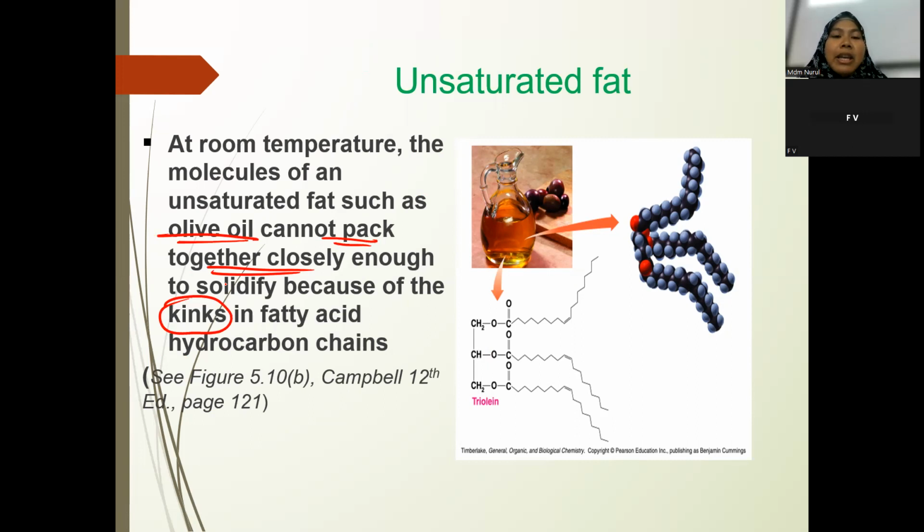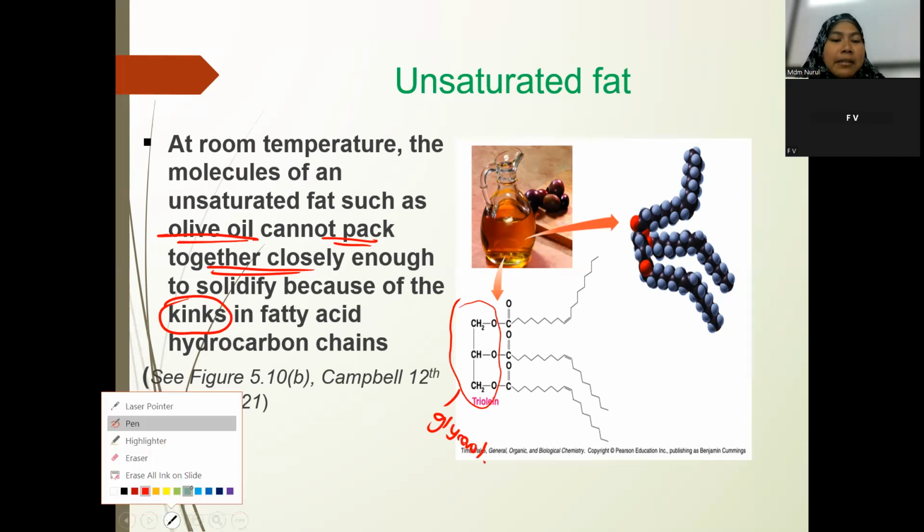Alright. Okay. Tengok sini. This is the chemical structure of olive oil. Okay. Now, which one is glycerol? Kat mana glycerol? Ni sebahagian daripada sini ni, ini adalah sebahagian daripada glycerol. So ni glycerol. Okay, kat mana ester linkage?